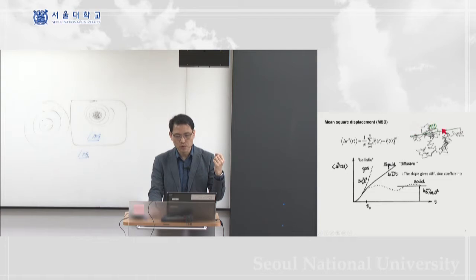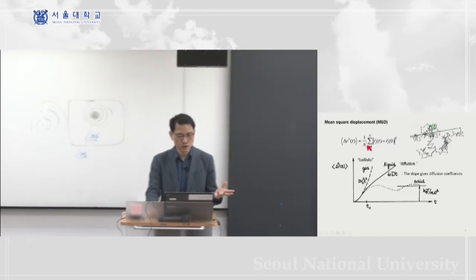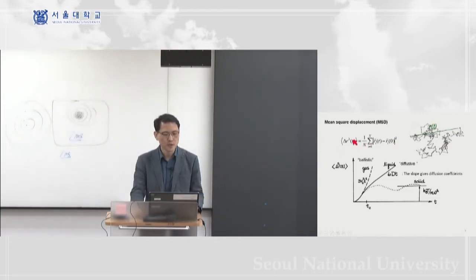The difference between these two positions is indicated by this r(t), and by taking the square of this distance and averaging over all the atoms in the liquid, you obtain the mean square displacement at time t.